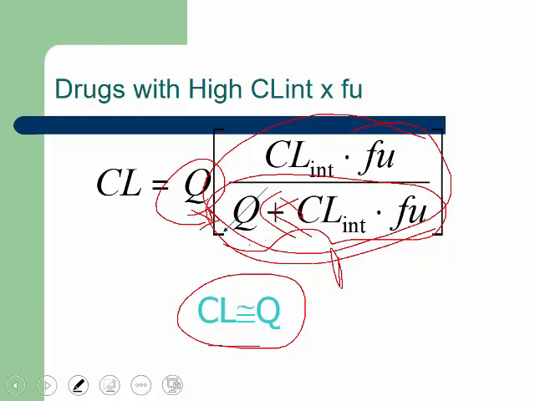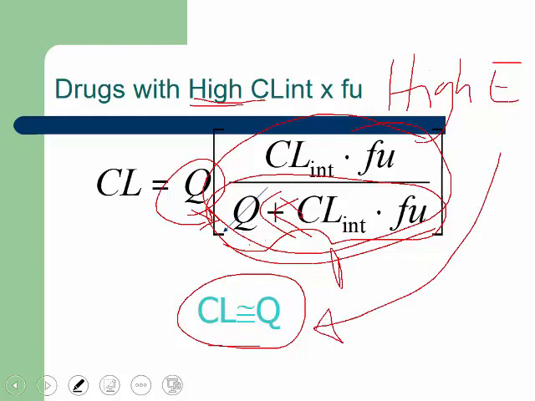This is really important, right? So what this tells us is for a high extraction drug, so for high E, our clearance is approximated by Q. So you ask me what determines clearance? Well, for this type of drug with a high extraction ratio, it's blood flow to the organ.